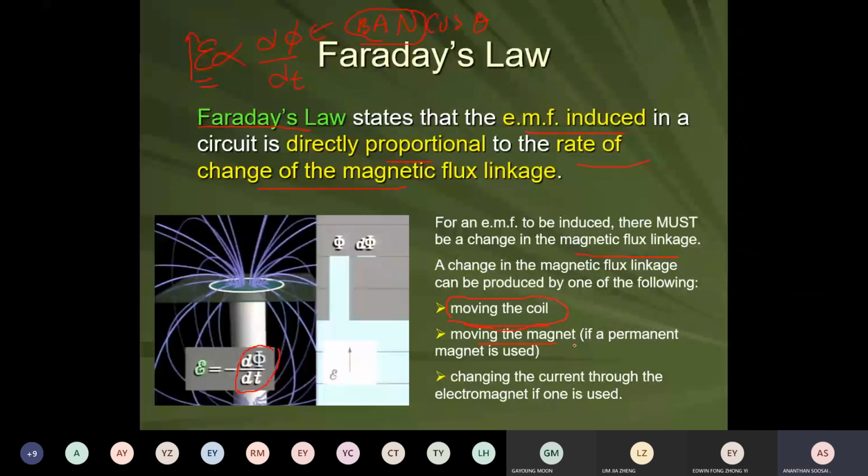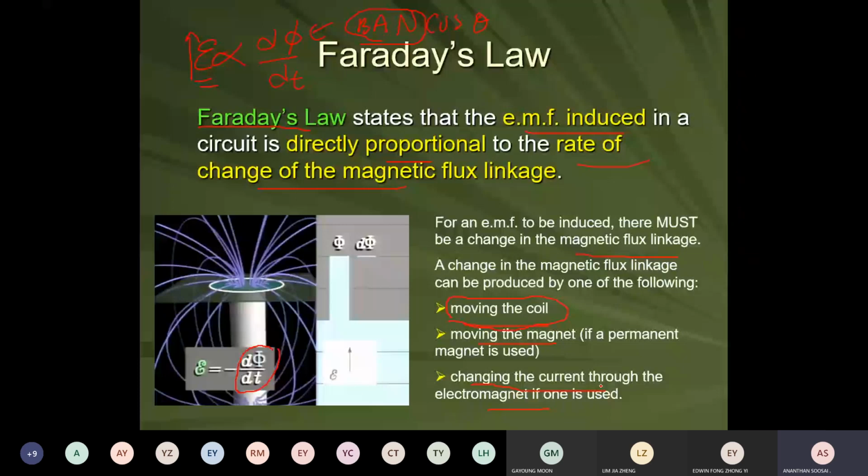So moving the coil or moving the magnet, you get flux change. Third is a very unique way, not moving anything, just change the current through the electromagnet. This also can create flux change.